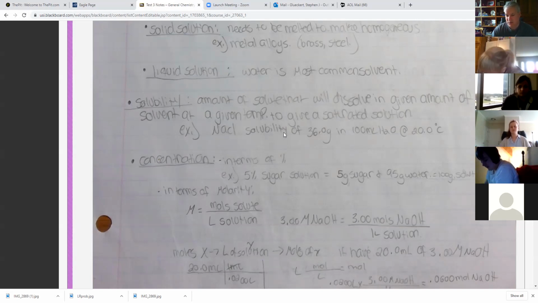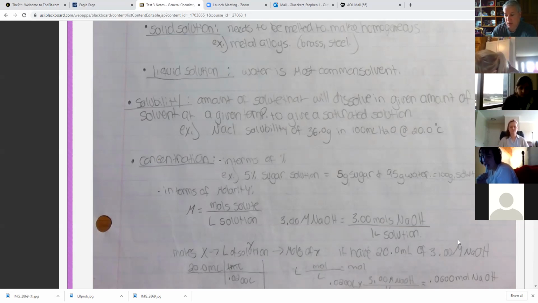For sodium chloride, the solubility is 36 grams per 100 milliliters of water at 20 degrees Celsius. Because we do know, just from everyday experience, solubility is temperature dependent, right? Typically, you can get more stuff to dissolve in a hot solution than in a cold solution, thinking of sugar or whatever.